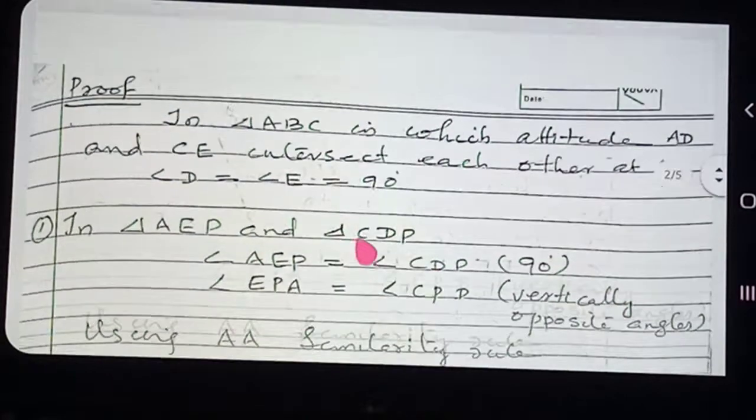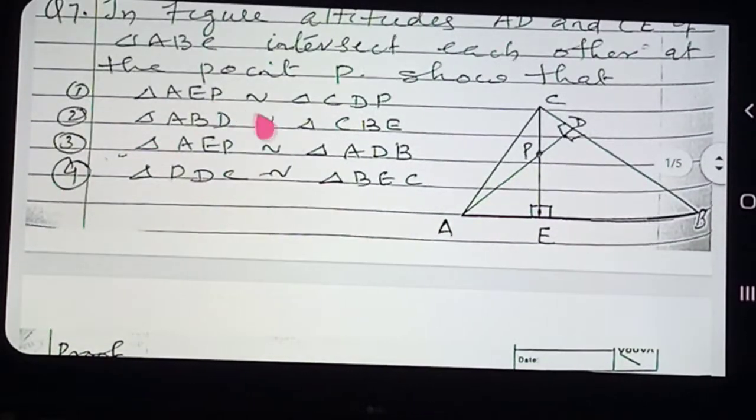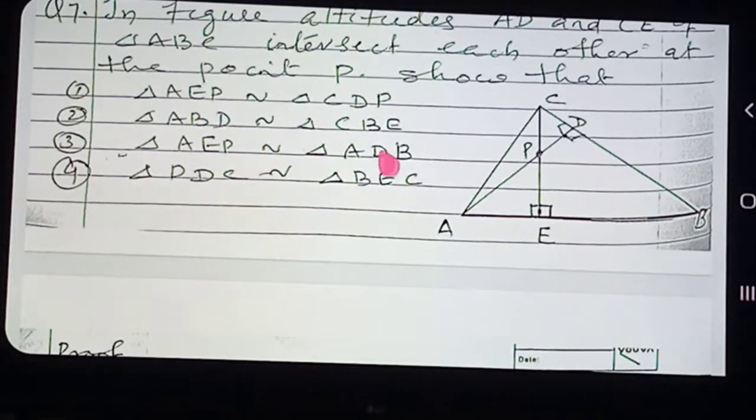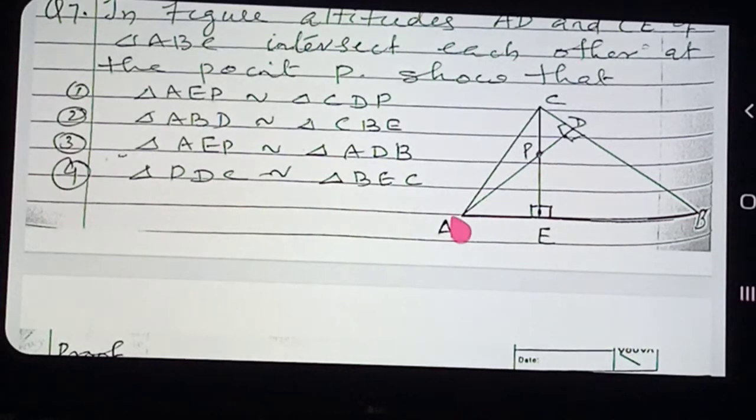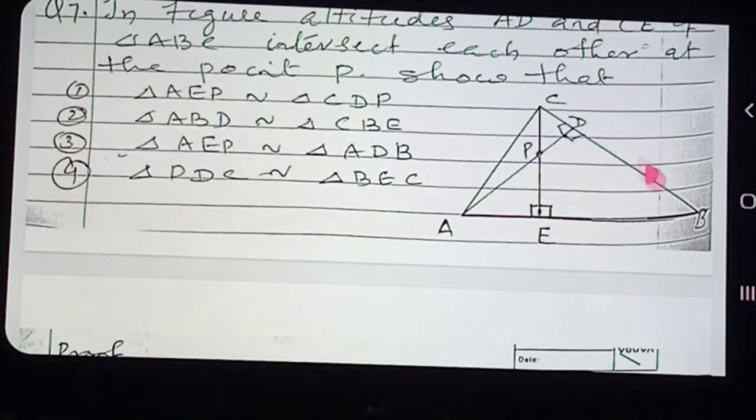Now the next one also I will show you. From the diagram only you can understand. Recognize triangle ABD. This is the triangle ABD. And the next triangle is CBE. Here it is very clear that angle B is common, angle ABD and angle CBE.